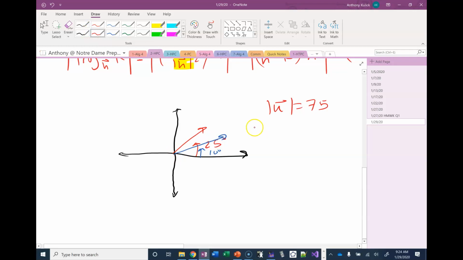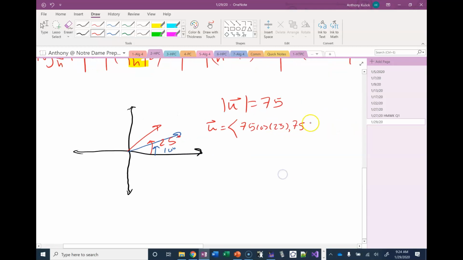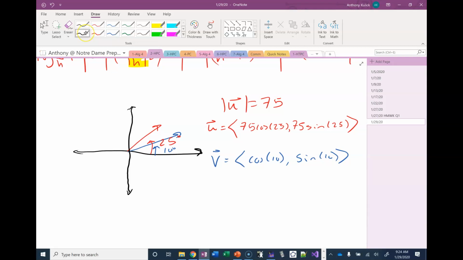So if I did this, then u would be 75 cosine of 25, comma 75 sine 25. And Olivia, I misspoke to you earlier. This would just be cosine 10, sine 10. My apologies. Again, with the magnitude of v being 1.